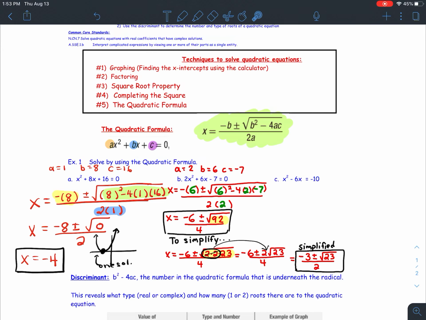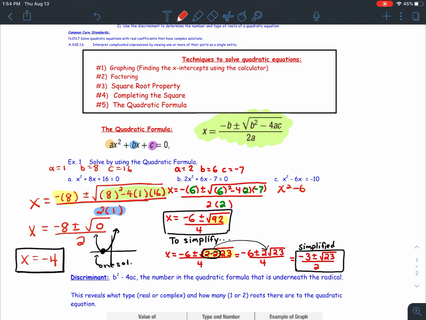And then with only these numbers that were outside of radicals, if I can reduce something from all three of those, which there's a 2 in all of those, I cut negative 6 down to negative 3, I cut 4 in half down to 2, and I cut 2 in half down to 1, and there's a 1 in front there. Okay, but it is acceptable if you just have the answer like this.